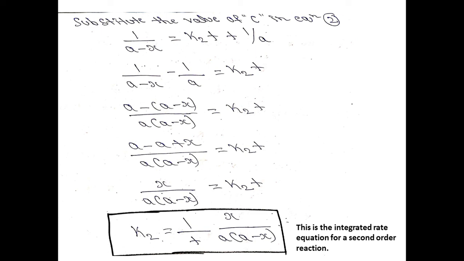Here plus a minus a is cancelled. Then the equation is x divided by a into (a minus x) equals K2 t. Rearrange this equation, then K2 is equal to 1 by t into x divided by a into (a minus x). This is the integrated rate equation for a second order reaction.